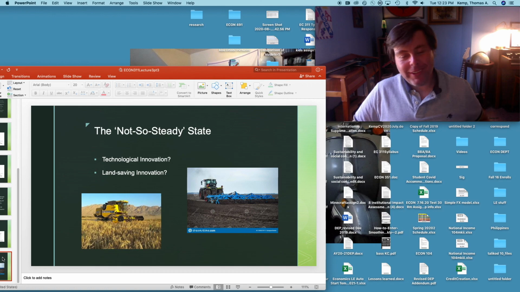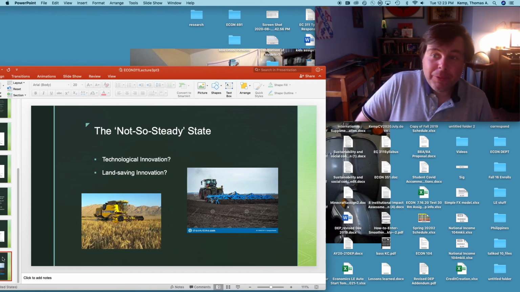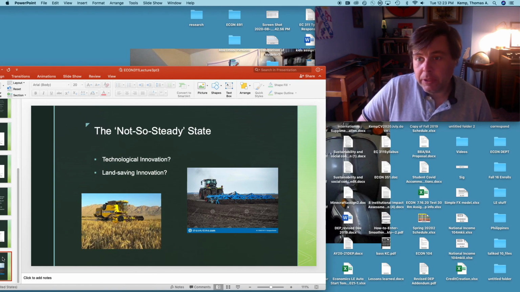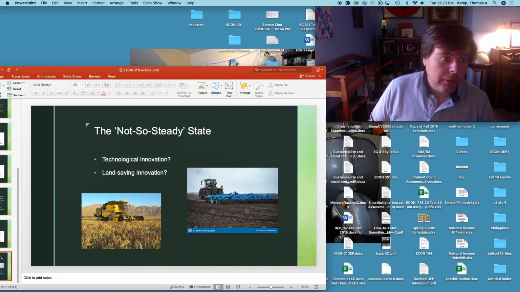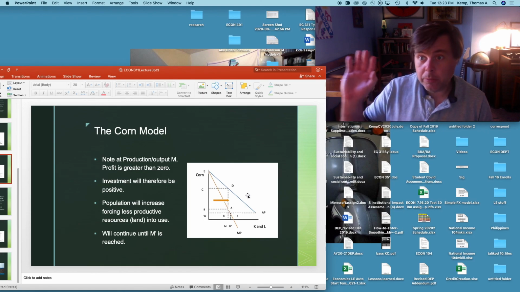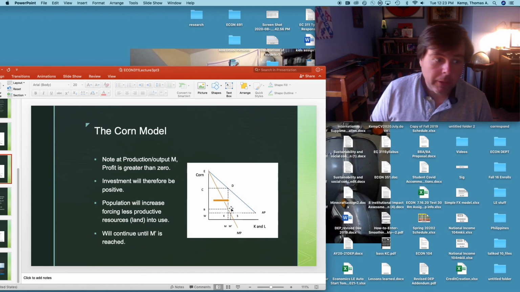So Ricardo notes that you could have agricultural innovation that caused existing land to become more productive, to make less productive land look more like productive land, and if you did that, then essentially these curves here become flatter, and then the steady state is moved further out.